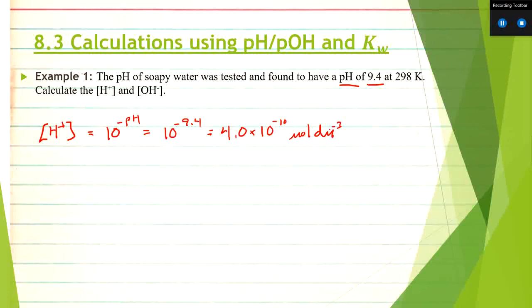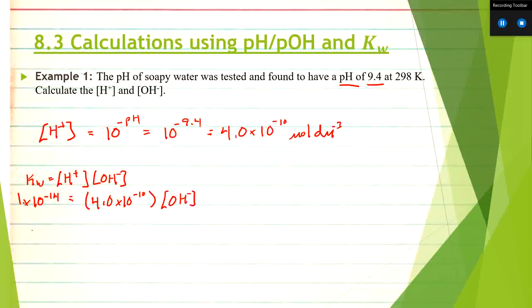Now for this next part, we need the concentration of hydroxide. You can do this in one of two different ways. The first way is we can use our Kw expression. Our Kw we know is 1 times 10 to the negative 14 at room temperature, and our concentration of hydrogen we just found is 4.0 times 10 to the negative 10, times our concentration of OH minus.